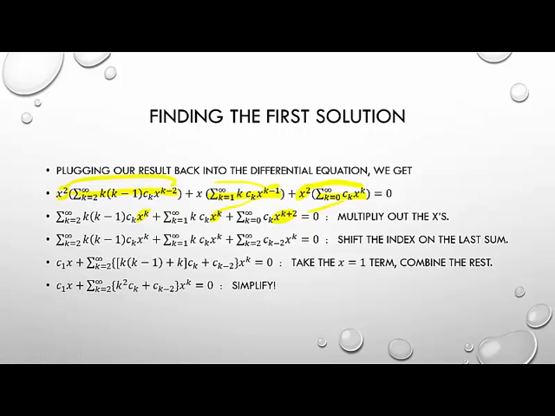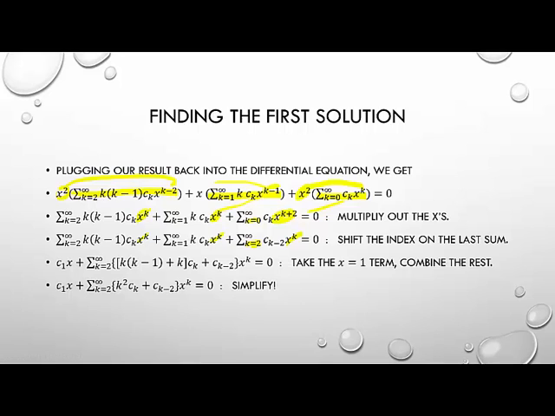So it looks like we have k, k, and then we're going to want to change this into k. So we do a shift on the index from k is equal to 0 to k is equal to 2. Everything else is the same.